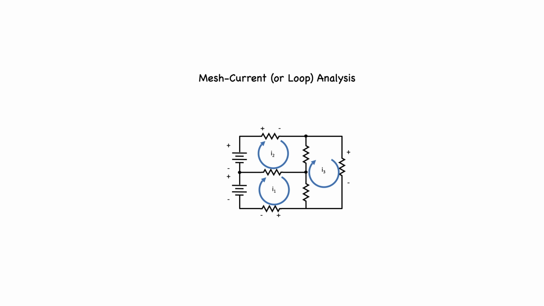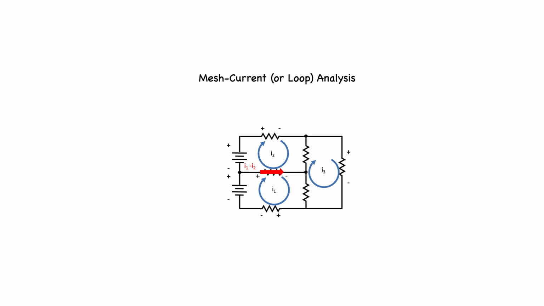Now, looking at the common resistors, the common resistor between loop 1 and loop 2, the current flowing in that resistor will be I1 minus I2. I2 is minus because it is flowing in the opposite direction to I1.